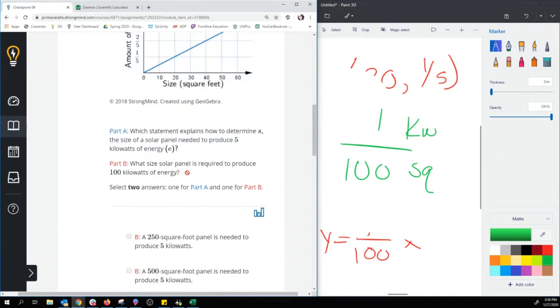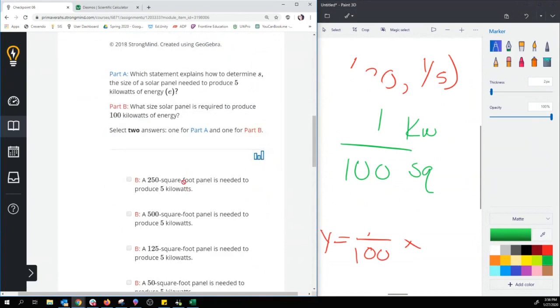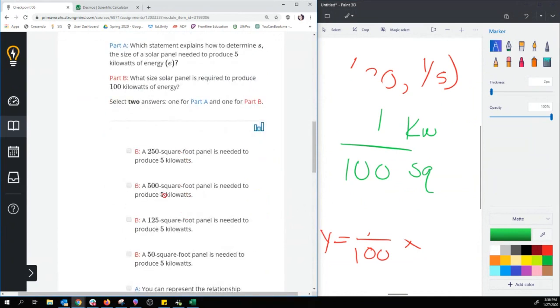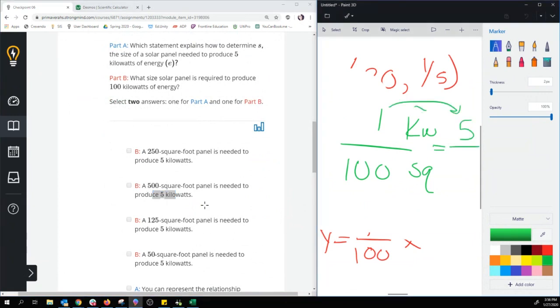Part B is asking us, what size panel do I need to have 5 kilowatts of energy? Which one is correct? Okay. So if I have 5 kilowatts, to go from 1 to 5, what would I multiply by? 1 times what number is going to get me 5? 5, perfect.